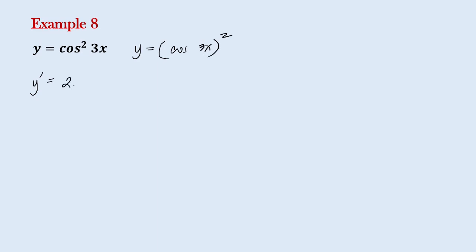So this would be 2 times the inside function, cosine 3x, and then we have 2 minus 1. And then let us get the derivative of the inside function, which is cosine 3x. Remember that the derivative of cosine u is negative sine u du dx.